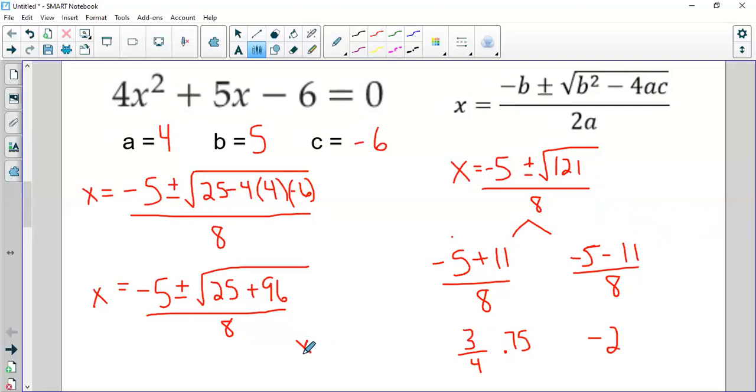So my answers are x is equal to negative 2, and I'll make it a decimal, 0.75. Again, because both these answers are rational, I would have been able to factor this and find the zero product of each binomial. All right, that's part 1.